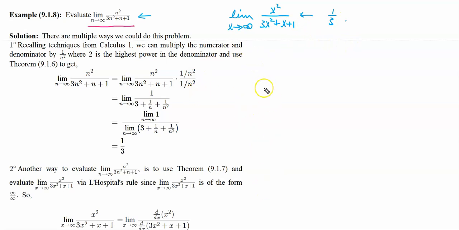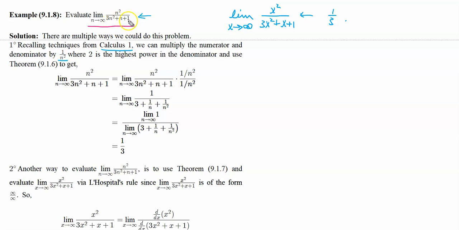Now let's take a look at some of the solution techniques here anyway. So if you recall from Calculus 1, what you would do is multiply the numerator and denominator by 1 over n to the highest power appearing in the denominator.